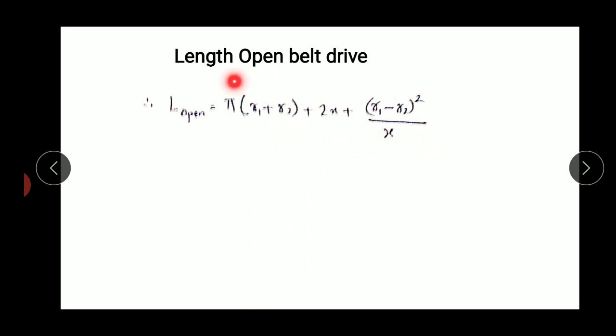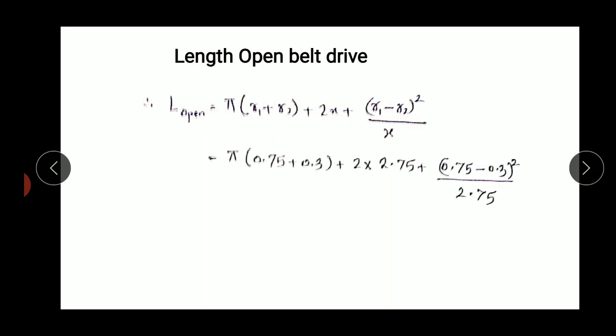We substitute all the values and we can easily find the length of the open belt. So finally we get the length of the open belt as 8.87 meters. Two things were asked in the question, the length of the open belt and the maximum stress in the belt. Both things we have found.